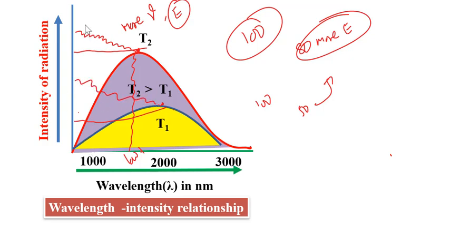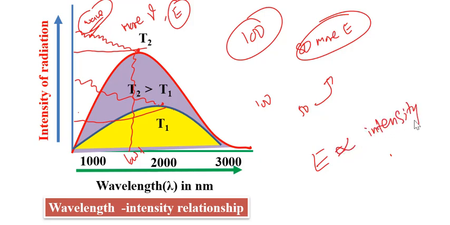The number of particles is less. Intensity is less even though energy is more. They could not understand why it is so. From wave nature we cannot explain. According to wave nature, energy is directly proportional to intensity. This is the drawback of wave nature.